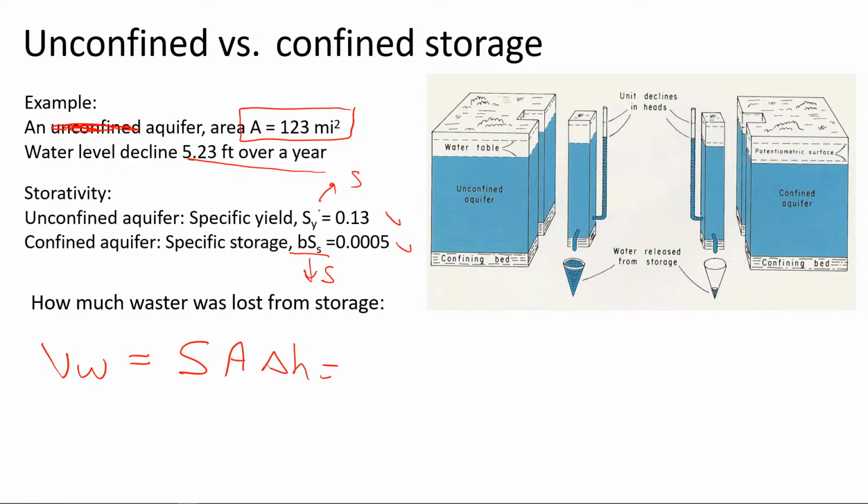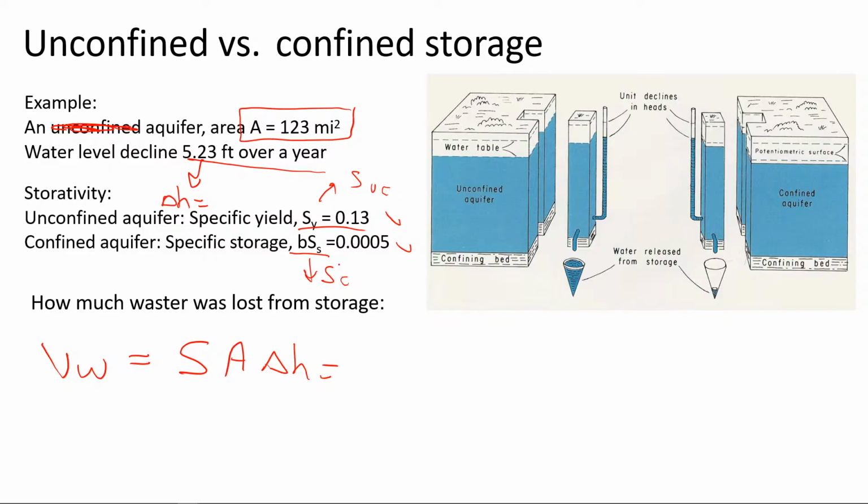So you can substitute this guy here, for example. You need to convert this from mile to feet, and then you substitute. This is your delta H here. That's your delta H, and that's your S here. So this is the S for the unconfined, and this is for the confined.